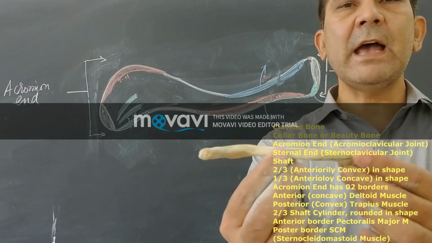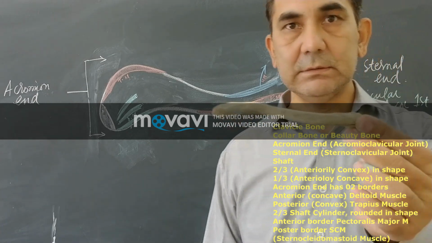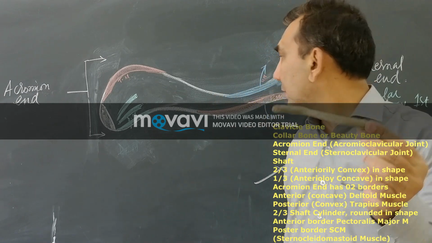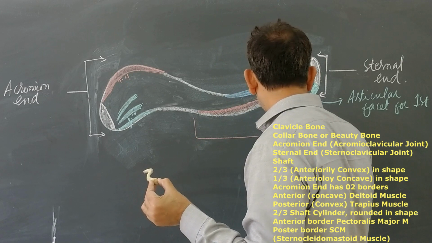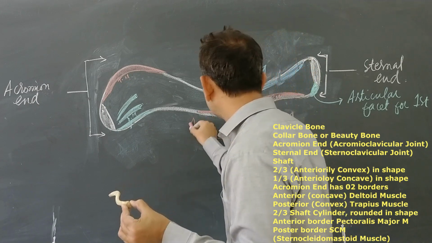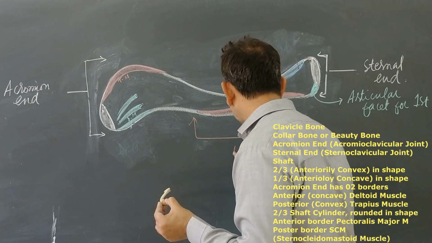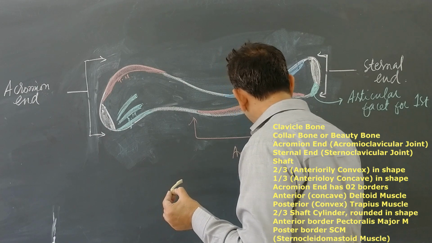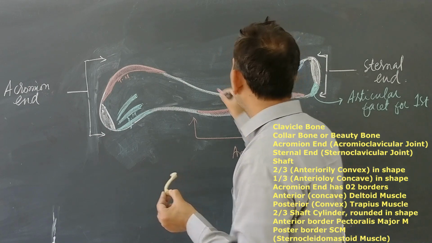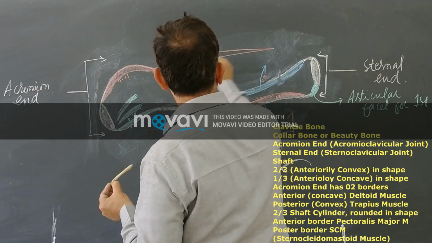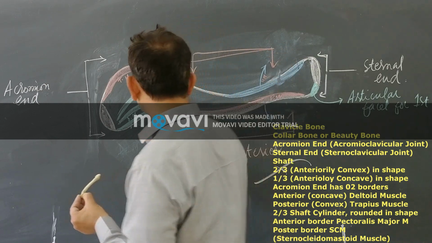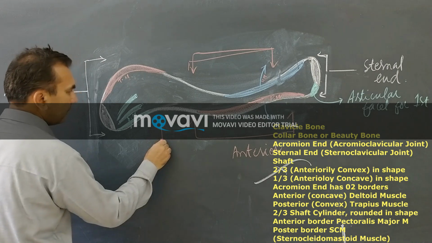It has two convexities, two curves. One is the inferior curve, and this one is the posterior side, and this is the other curve.